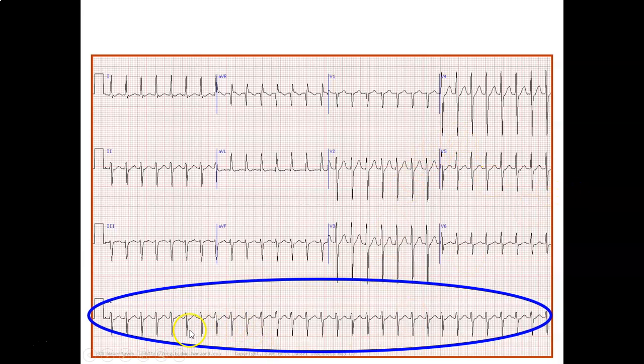Look at the bottom of this. This is tachycardia, regular, no P waves, narrow complexes, no PR interval. So this is again your supraventricular tachycardia.